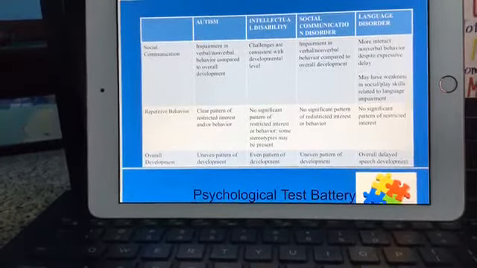For a person who is autistic, their overall development is uneven. That means they have strengths and weaknesses all over, while for a person with intellectual disability, every area is a weakness, so their pattern of development is consistent. Similarly, for social communication disorder, there is also an uneven pattern of development.